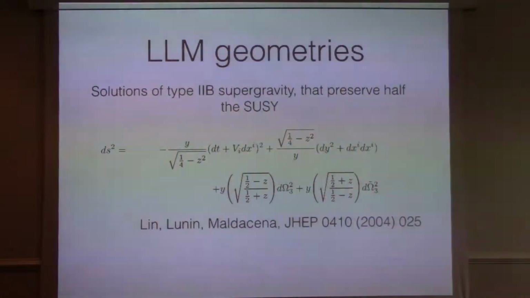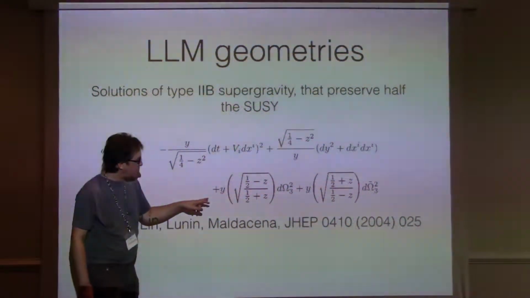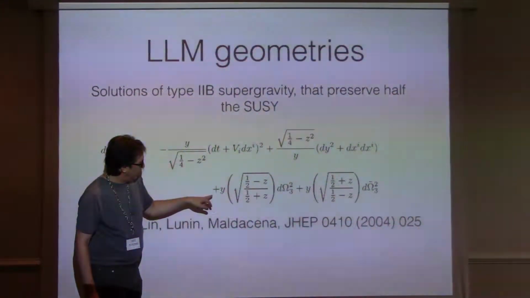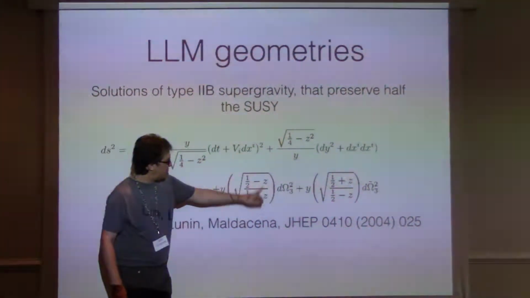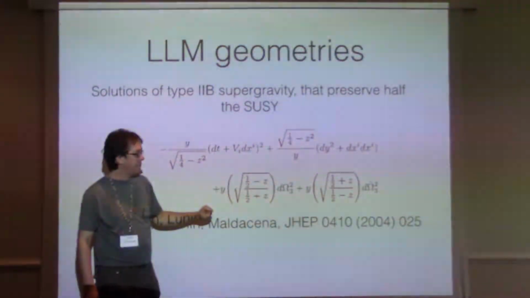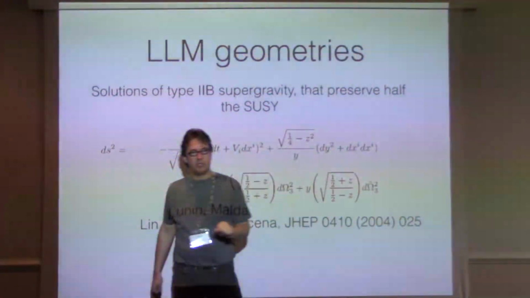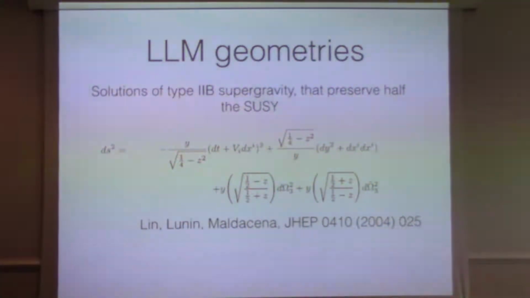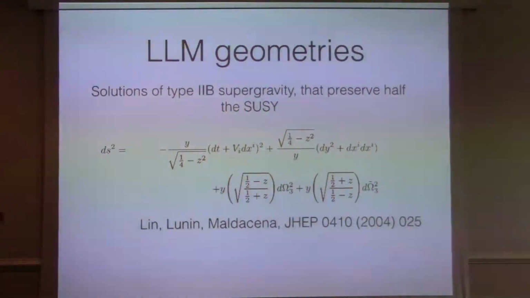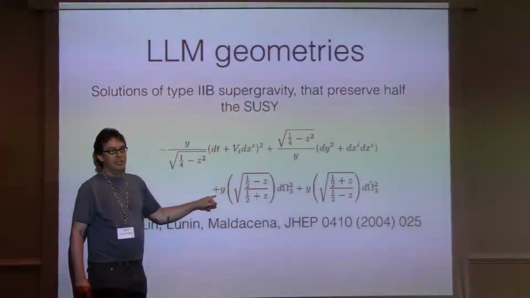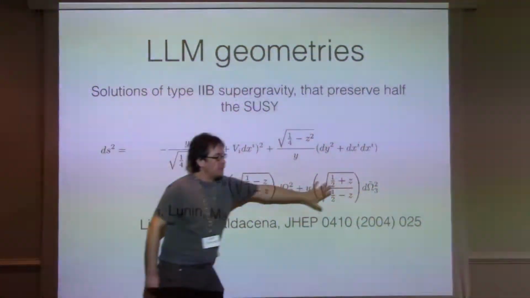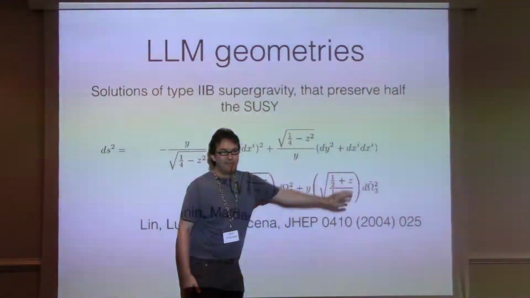Okay, but here's what's important. If y goes to 0 and z is different than 1/2 or -1/2, then the radius of this sphere and the radius of this sphere both go simultaneously to 0, and then you get a conical singularity. So what needs to happen is that as y goes to 0, one of these two prefactors needs to get a pole or needs to blow up.